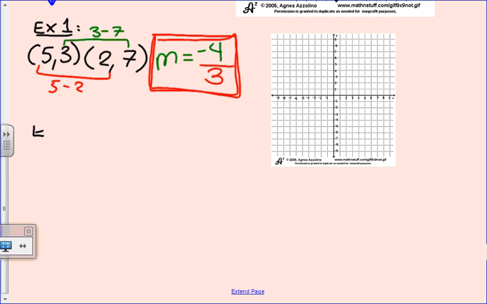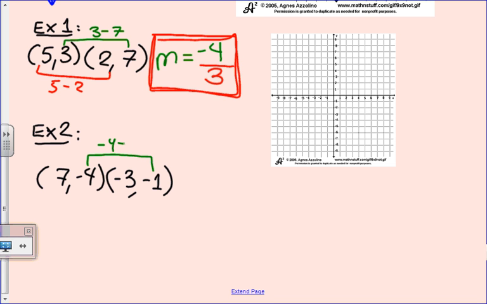Number 2. (7, -4) and (-3, -1). All right, so you got rise and run on the line. Subtract your y's and subtract your x's. -4 minus a -1.